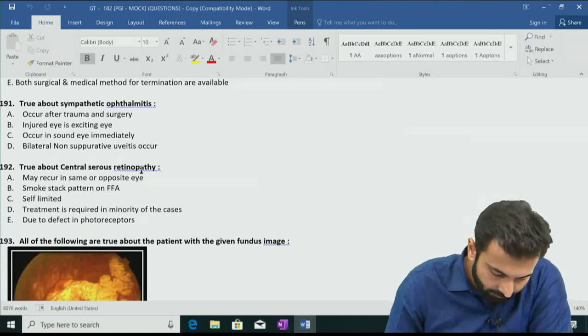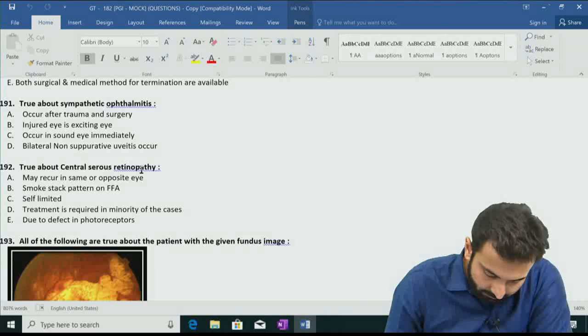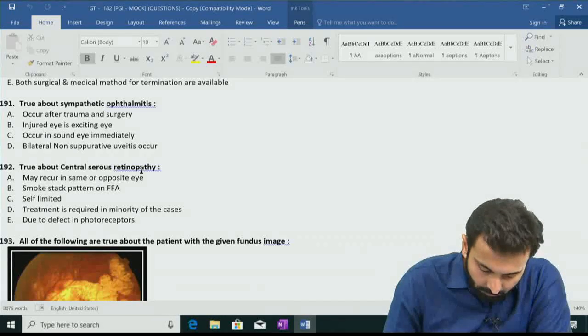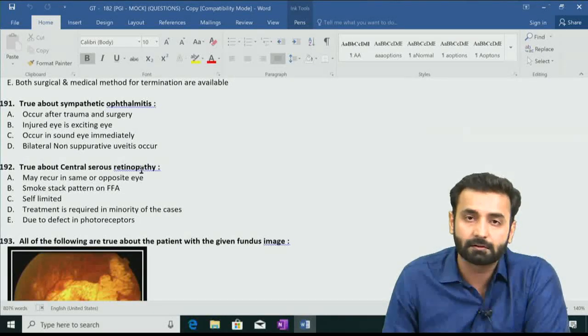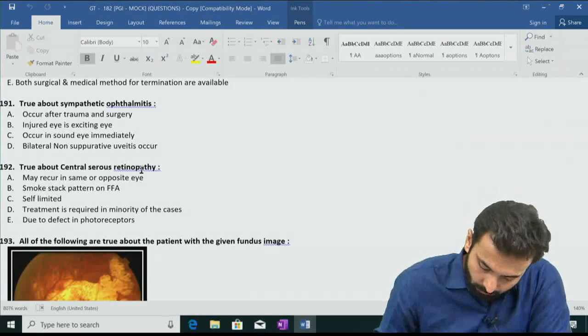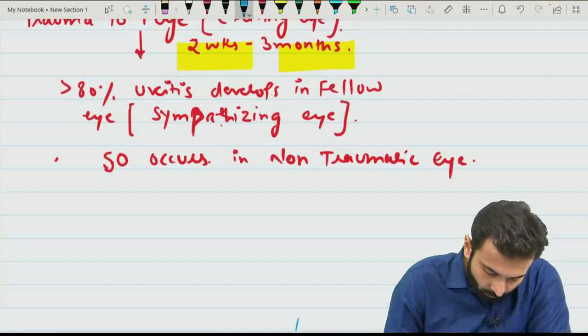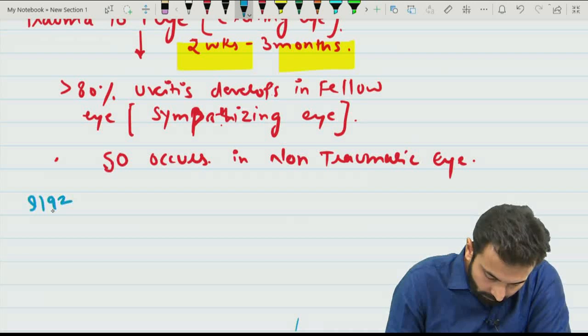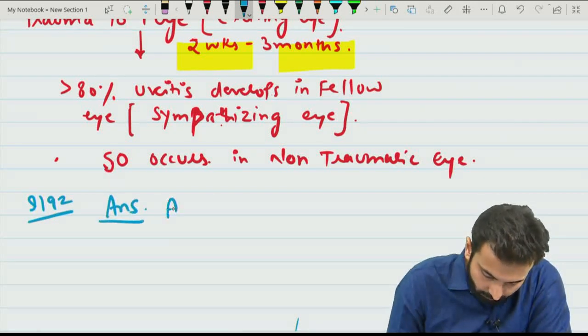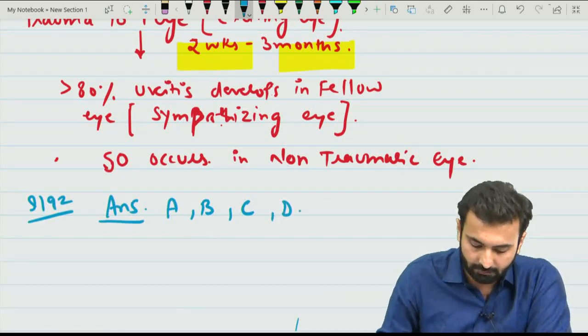Option D, treatment is required in minority of the cases. Yes, it is required in minority of the cases. Option E, due to defect in photoreceptors. This is a false statement. So write down, for question 192, the correct options are A, B, C and D.